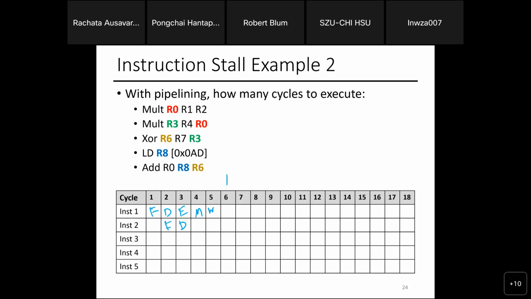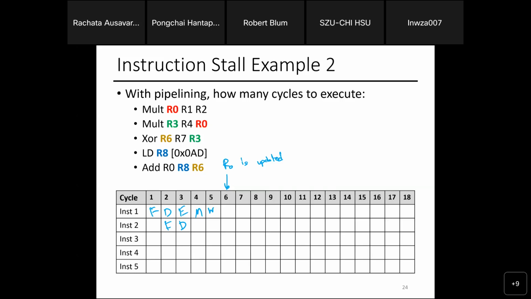This is where R0 is updated, right? Now, my next question: if R0 is updated, can I go to the execute right away, or do I have to wait one more cycle to take R0 from the register to feed into the pipeline register? Right now, if my decoder said I need R0, cycle number 6 is updated.